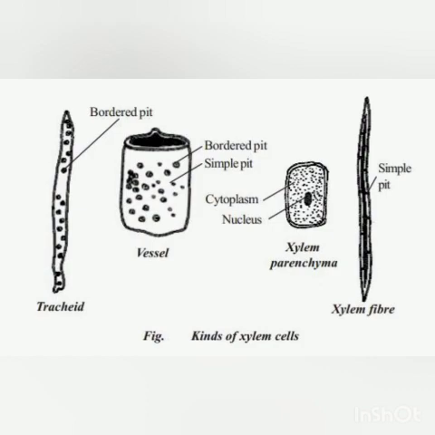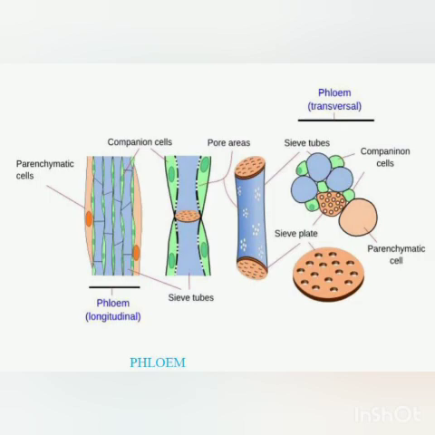Now we come to phloem. Children, phloem is made up of five types of cells: sieve cells, sieve tubes, companion cells, phloem fibers and phloem parenchyma. Phloem parenchyma stores food.